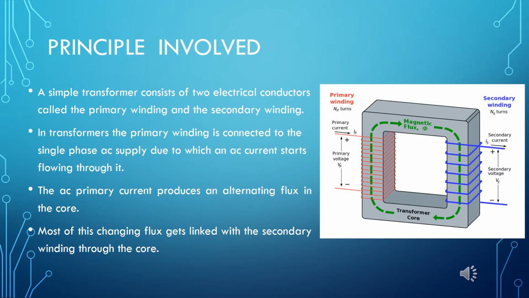What is the principle involved in transformers? A simple transformer consists of two electrical conductors called the primary winding and the secondary winding. In transformers, the primary winding is connected to a single phase AC supply, due to which an AC current starts flowing through it. When an AC primary current flows through it, it produces an alternating flux in the core. Most of this changing flux gets linked with the secondary winding through the core.